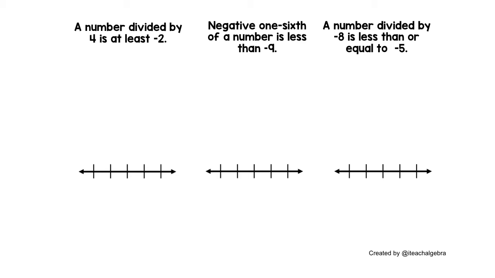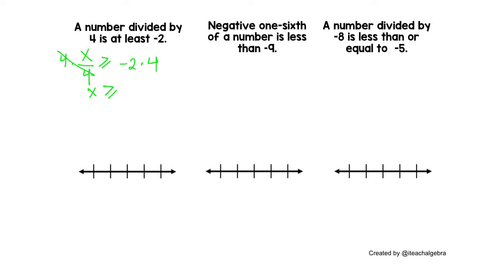A number divided by 4, so that's x over 4, is at least -2. So if it's at least -2, that means it can be -2 or more. So that's greater than or equal to. If we want to get x alone, opposite of divide by 4 is multiply by 4. The 4's cancel, and we're left with x.